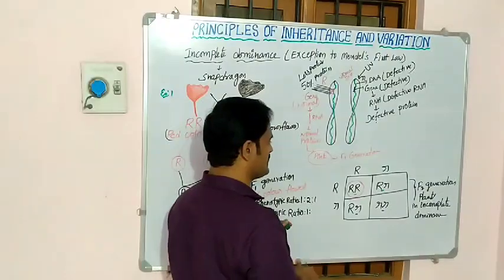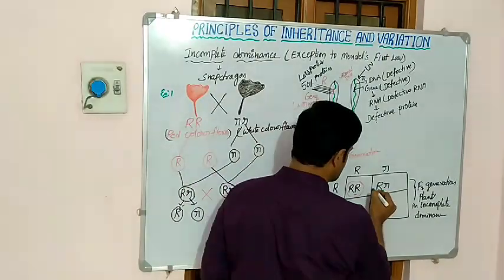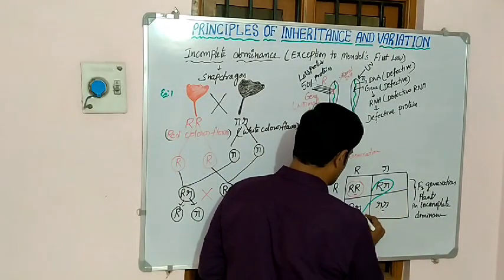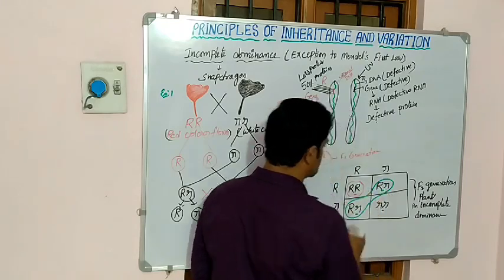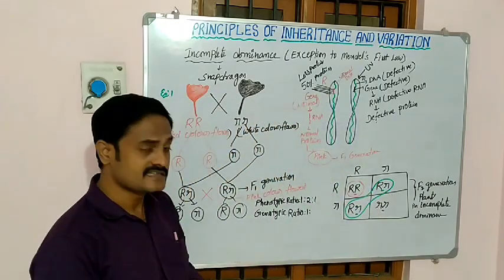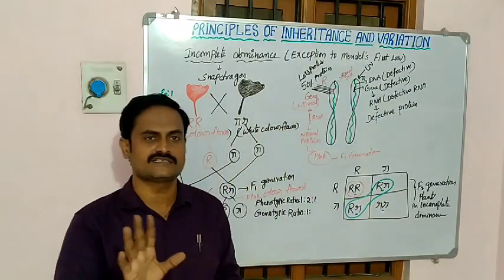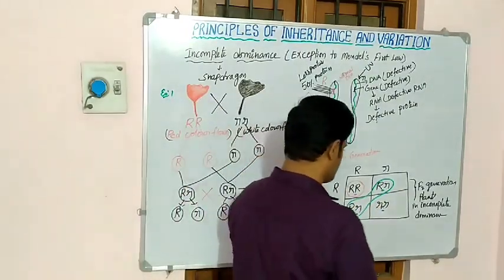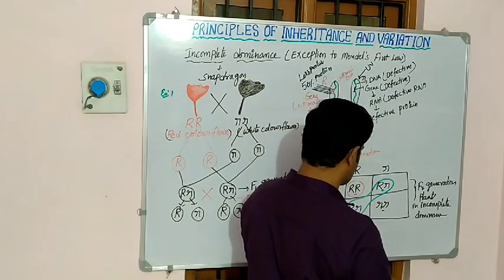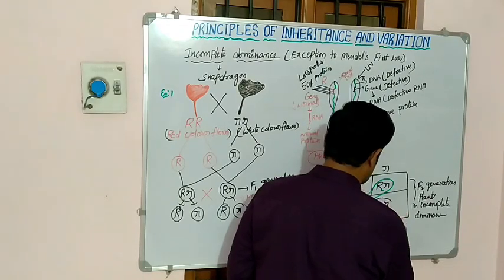So how many plants same kind of genes? 2 plants. See, these two plants having same genes. Then this one plant having same genes. This one plant having same genes.